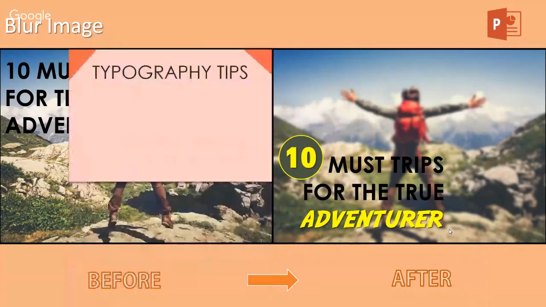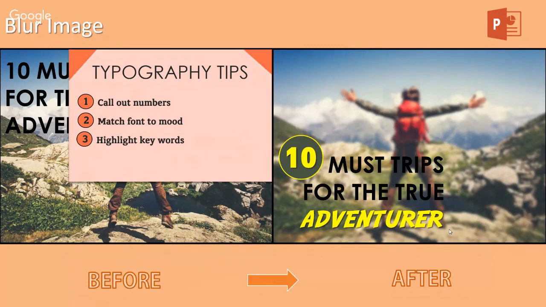You can also see several typography tips being used. Calling out numbers is often helpful for breaking up text and adding a point of focus. You also see an attempt to match font with mood, in this case an adventure font for that word. Finally, making a keyword a different color type is an effective way to control the audience's focus.